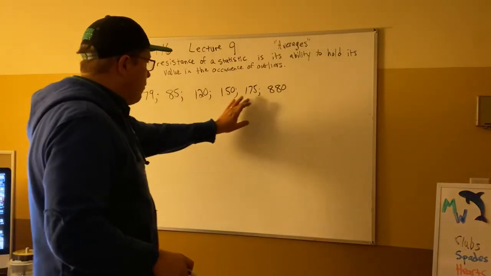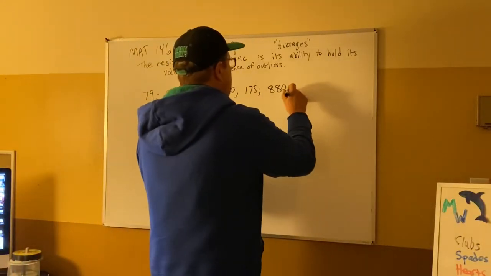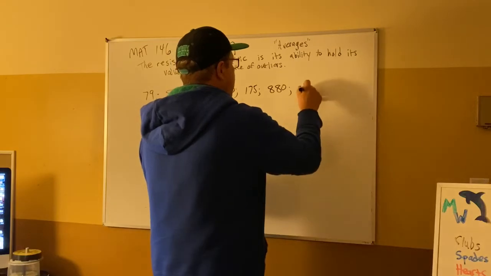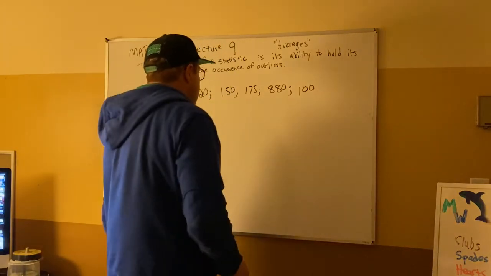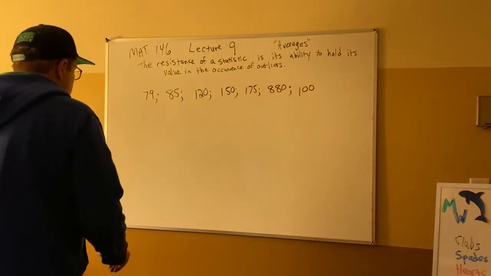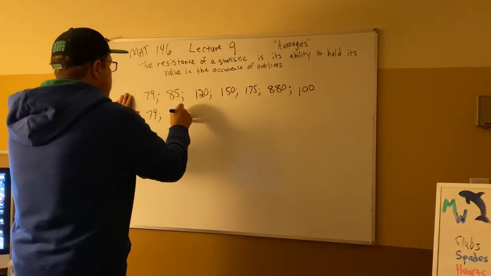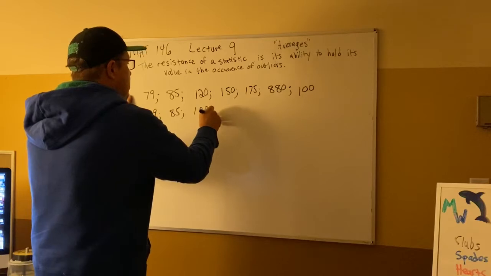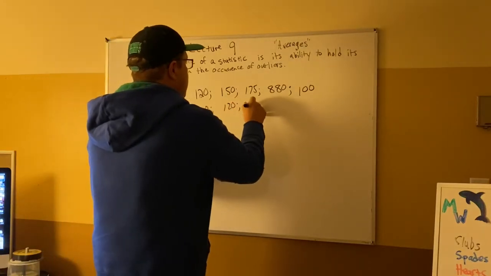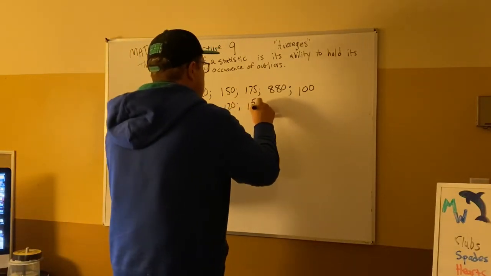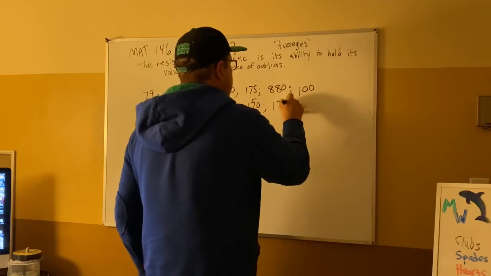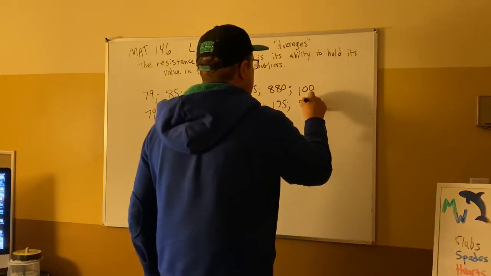And we'll have another one that comes in a little bit later at 100,000. So they're not quite in order yet. We'll put them in order. We'll get the 79, the 85, the 100, the 120, the 150, the 175, and the 880.